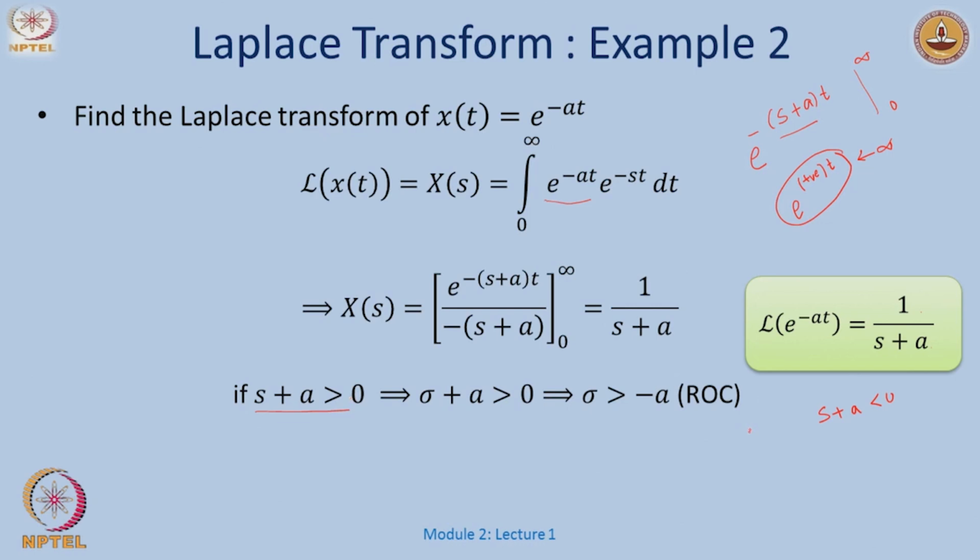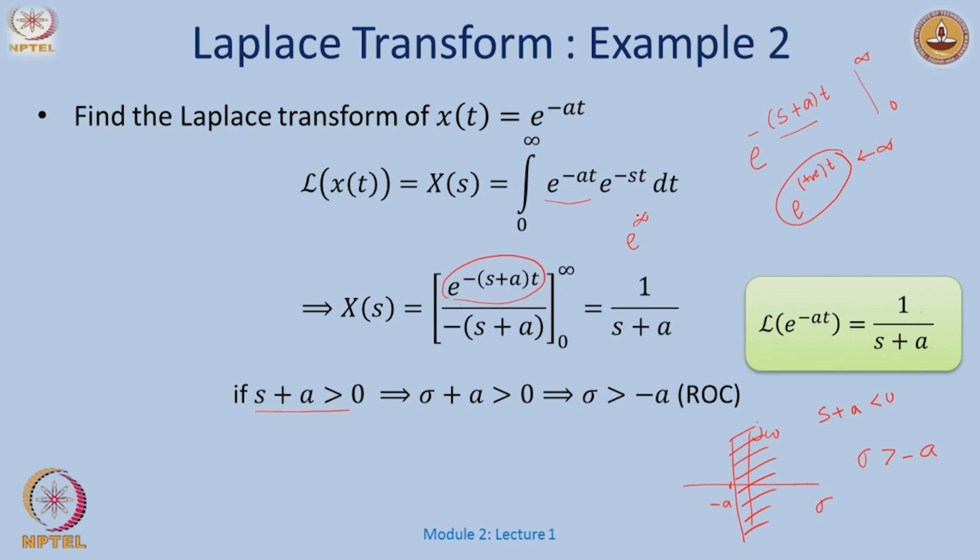So, if I just draw it on the s plane, split as sigma and j omega, the real part, that is sigma, if I put this here, I call this minus a. So, this will only exist for the regions for which sigma is greater than minus a. For all other sigmas, this limit will not exist, because I will have something like, loosely speaking, e raised to infinity.